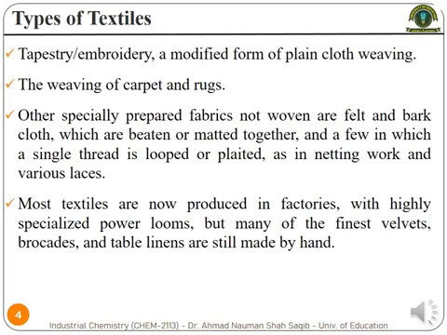Although these handmade ones are expensive, they are of really fine quality. So these are the different types of textile materials or products which are commonly available in the market, or we come across each day.